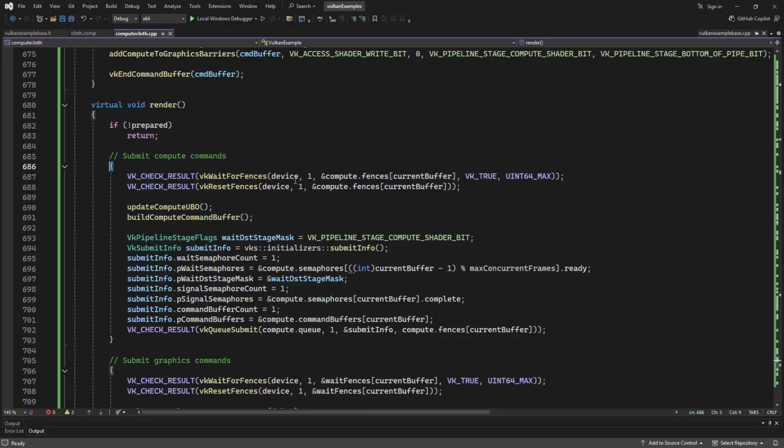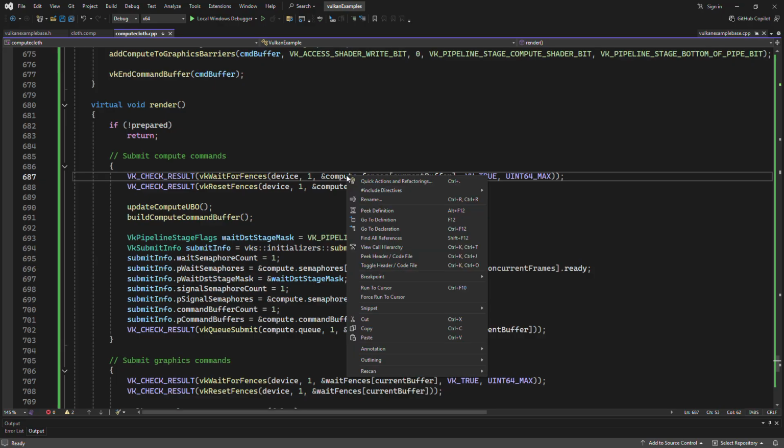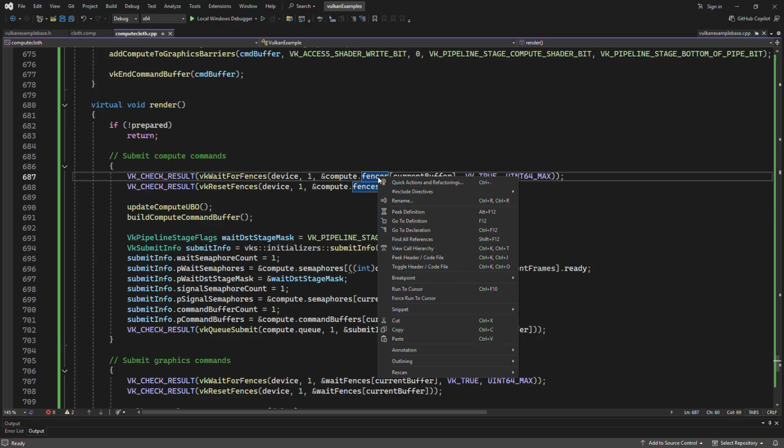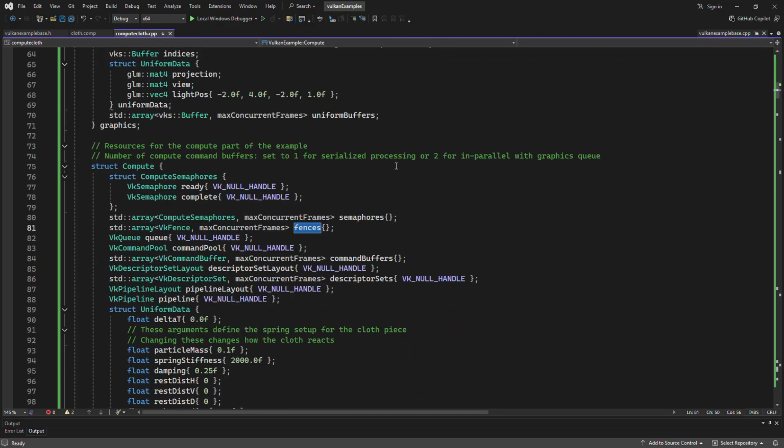The other thing too is that notice that the fences for the compute and the graphics are different variables. Now, the definition for the compute fence and the definition for wait fences is actually done in different places. So here, this is done in line 81 for the compute fences, right?